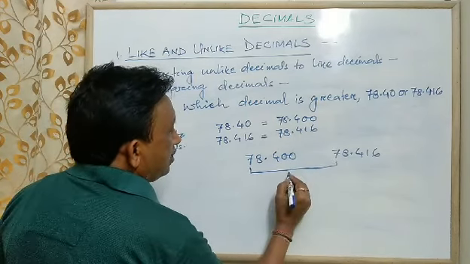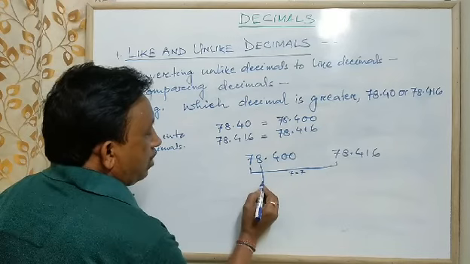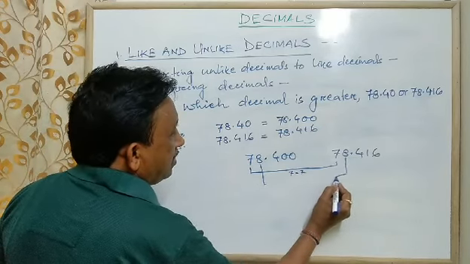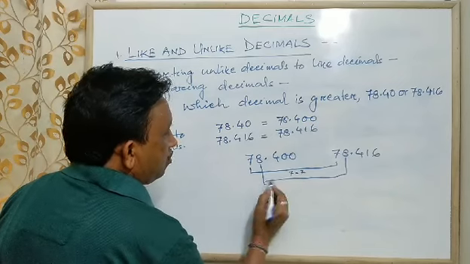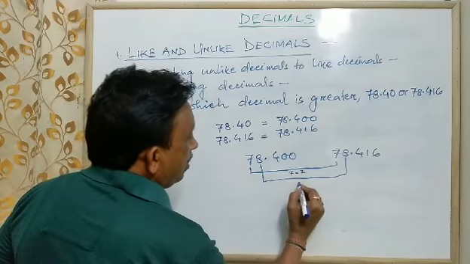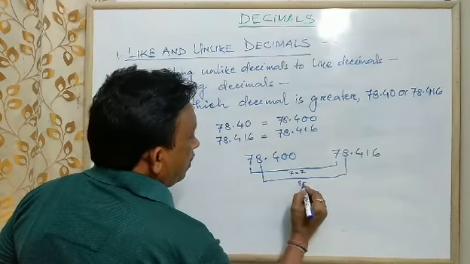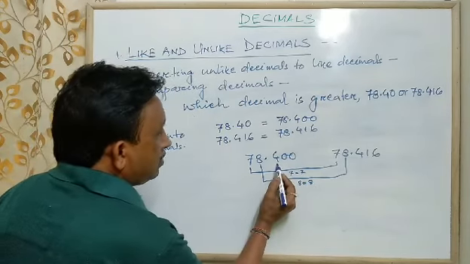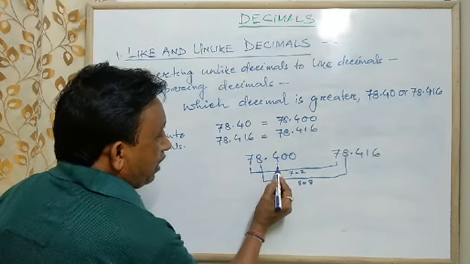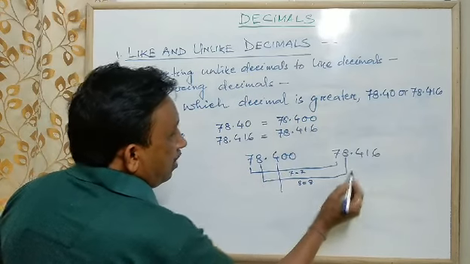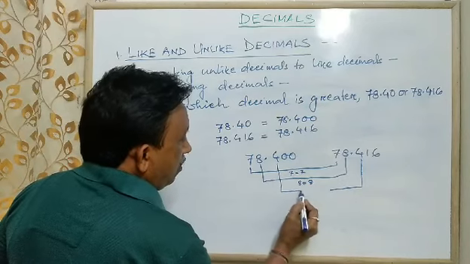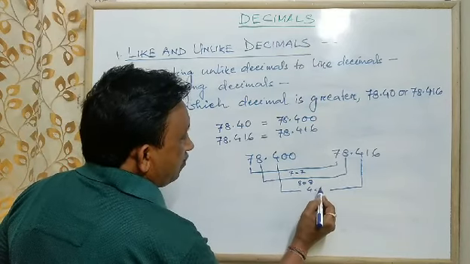Next, the ones place, it is 8, and here also the ones place it is 8. So this is also equal. We'll have to continue. Then here the tenths place, the digit is 4, and here also the tenths place the digit is 4. So 4 is equal to 4.